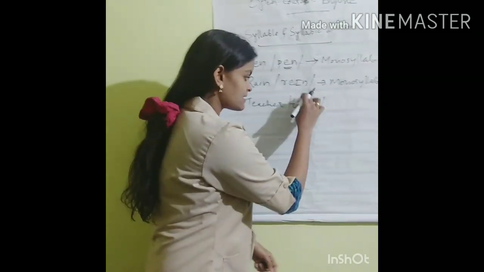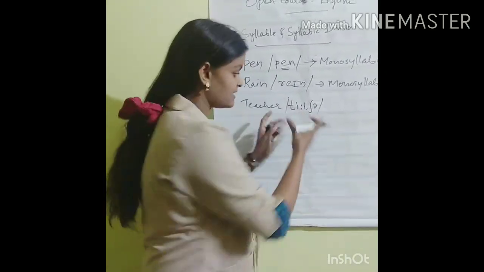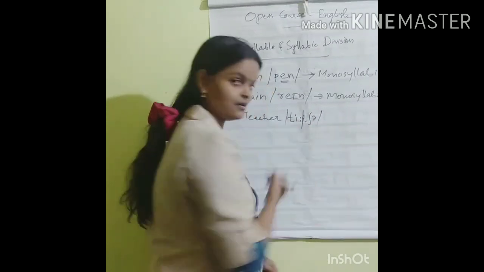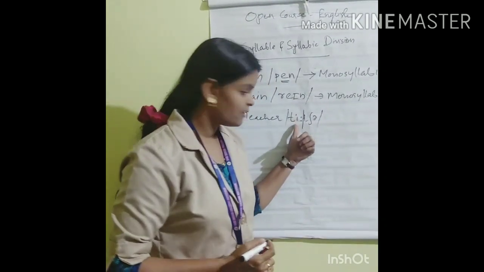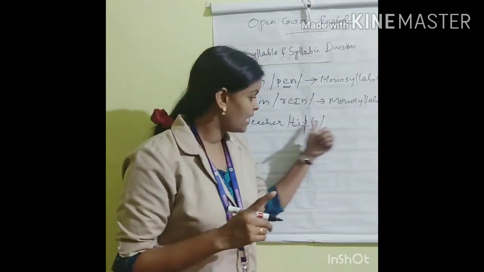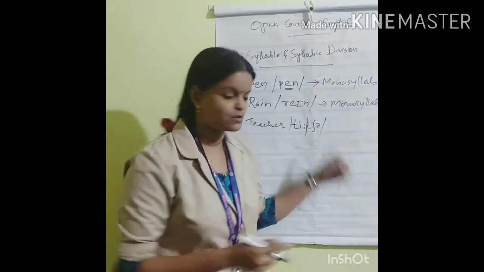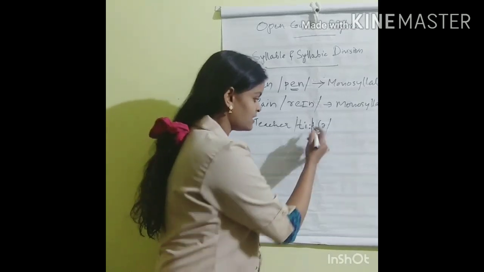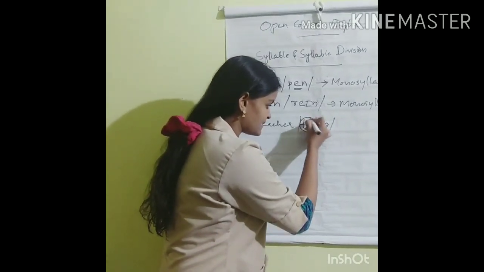In this, I am going to divide this particular word into two, because here we have a vowel sound and here also we have a vowel sound. Which is the vowel sound here? That is E. So T with this vowel is one syllable.